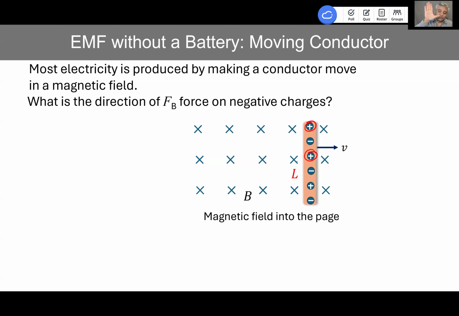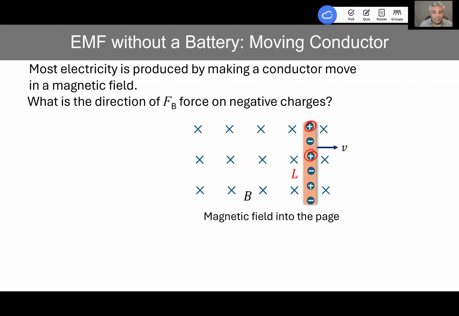And now the field is going into the page, so I guess palm down is good. But line up these fingers in the direction of velocity, okay? In this case, it's moving to the right. So when I curl my fingers toward the field, into the page, my thumb is basically pointing towards the upper part of the screen.